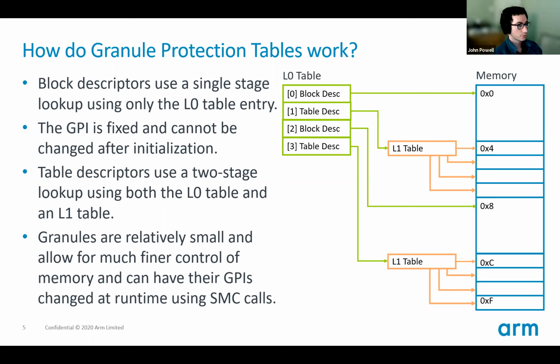So a block descriptor, which is just a single step lookup, the GPI in that block descriptor describes the entire memory region. Does that make sense? And the table descriptor is sort of an override of the L1 table. So a table descriptor points to an L1 table, which then controls the memory as opposed to the L0 table.